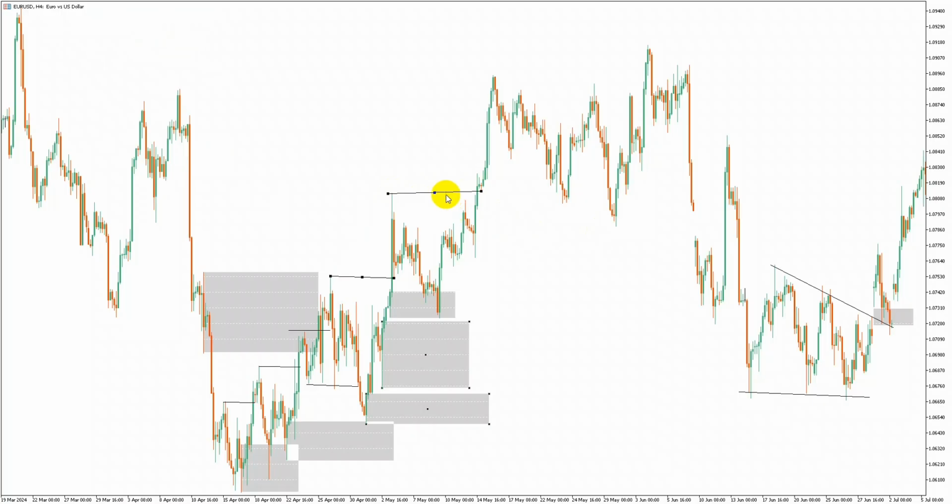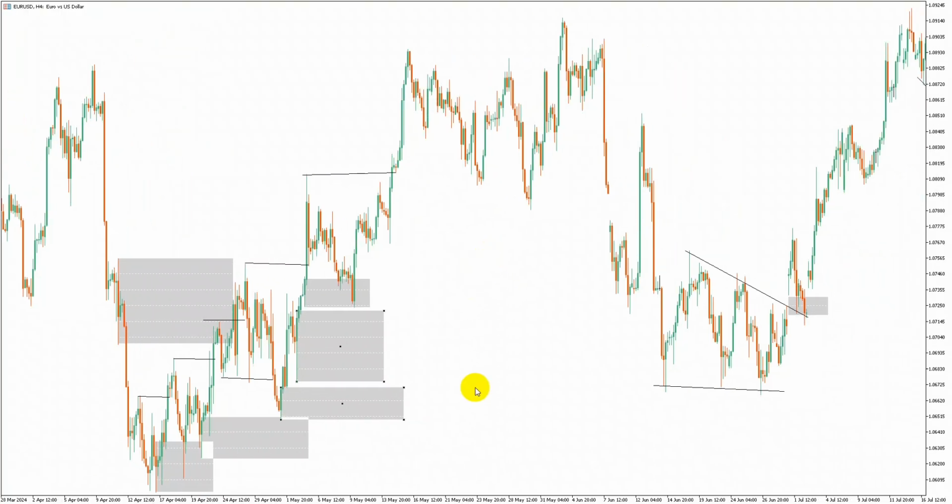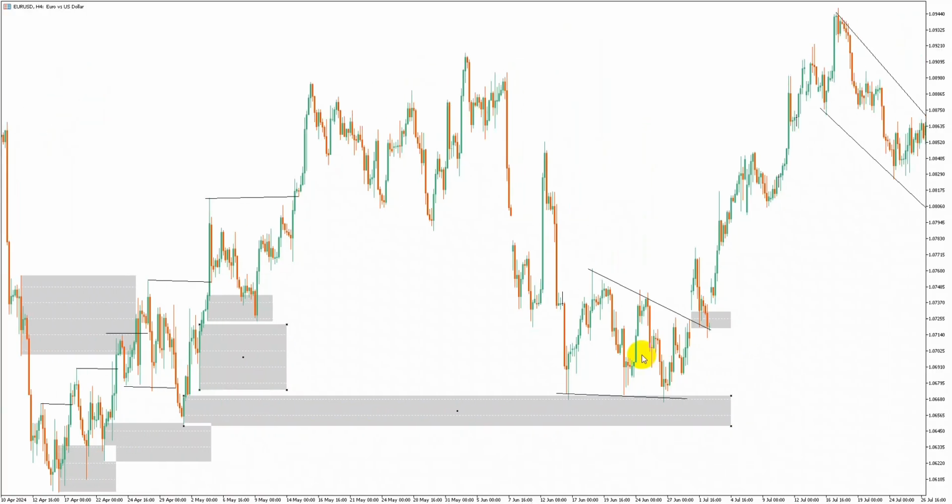So you can see after this break of structure, don't forget, guys, we have two levels here that have not been tested. This is one that has not been tested, right? And then we have this other one I see here not being tested.